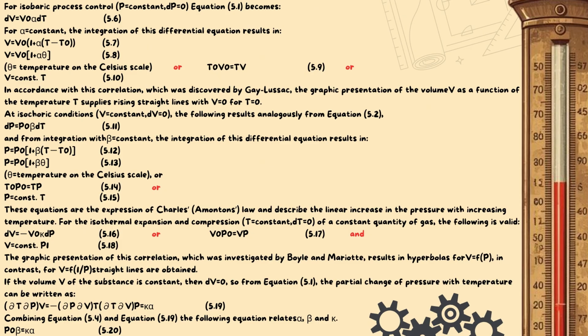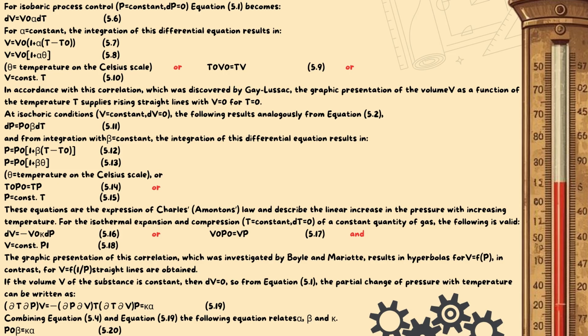For alpha equal to constant, the integrations of these differential equations result in equations 5.7 and 5.8 or 5.9 or 5.10. In accordance with these correlations, which were discovered by Gay-Lussac, the graphic presentation of the volume as a function of the temperature supplies a straight line with V equal to 0 for T equal to 0, and isochoric conditions, V equal to constant, dV equal to 0.